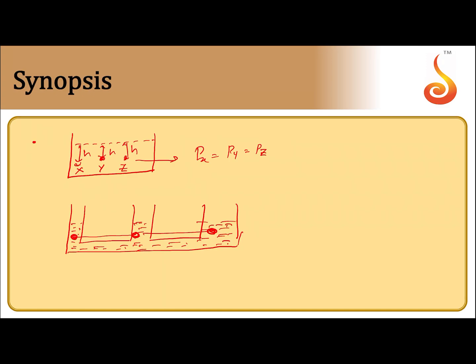So remember, as far as the static fluid which is open to the atmosphere is concerned, pressure at A, pressure at B and pressure at C are all equal to each other. So remember this, in the case of connected fluids exposed to atmosphere, at rest the pressure is same at all the points. And you know that this is known as Pascal's law. And remember, it doesn't matter what is the shape of this container, regardless of the container shape, it's the same thing.